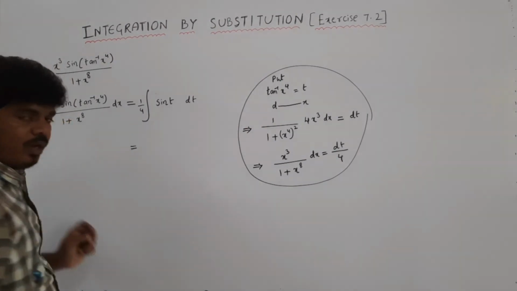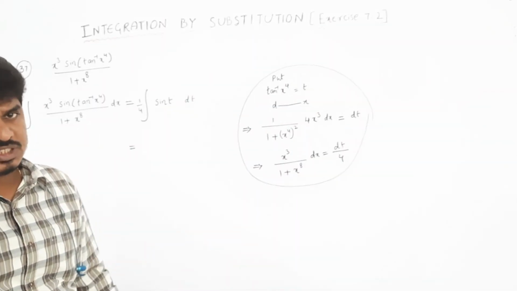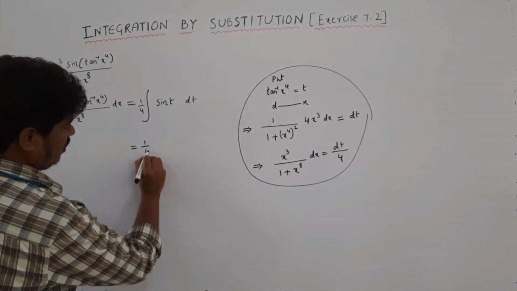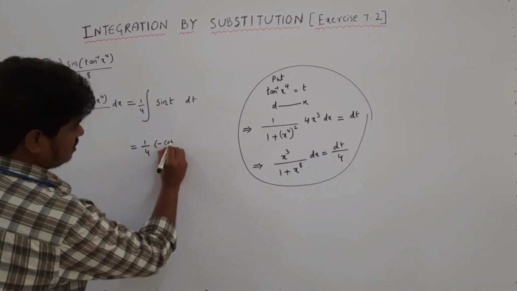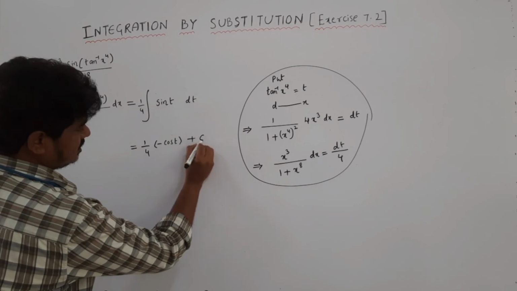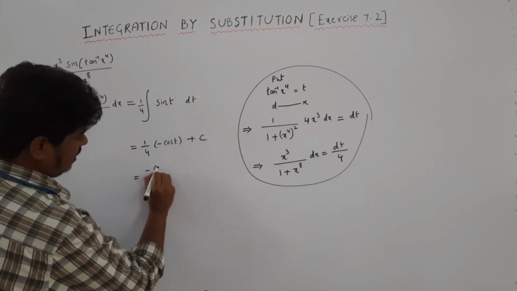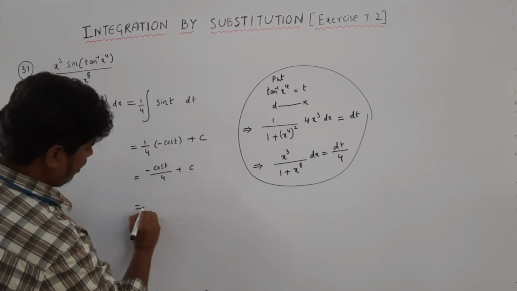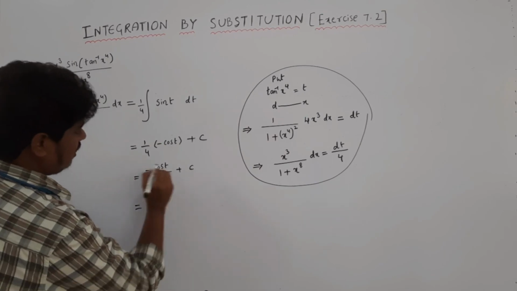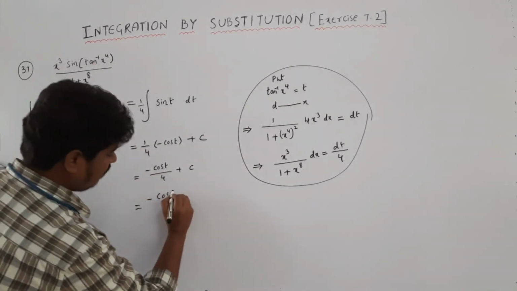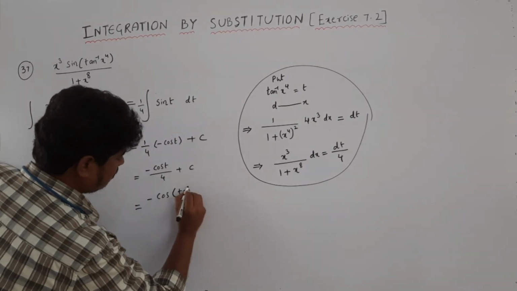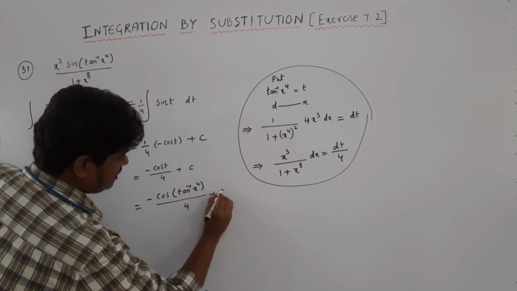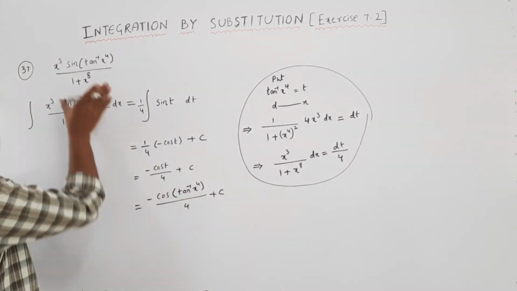Now, what is the integral of sin x? Minus cos x plus c. What is the integral of sin t? Minus cos t. So 1 by 4 into minus cos t plus c. This is equal to minus cos t by 4 plus c, where t means tan inverse of x to the power of 4, so minus cos of tan inverse x to the power of 4, divided by 4 plus c.